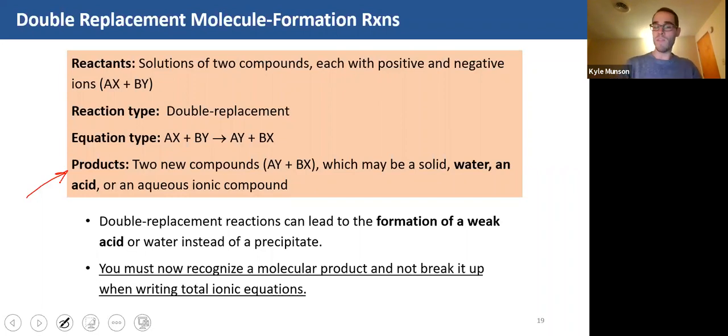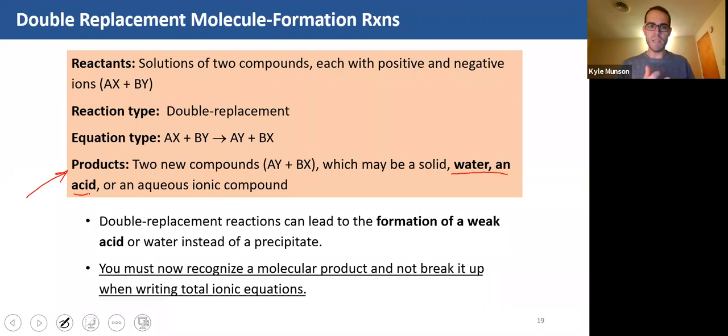We've seen aqueous ionic compounds before. In this video, we want to focus on water and acid formation as products. We've seen that already in a previous video where we formed water, but now we want to look at that in more detail. So this isn't just a complete repeat. We're going to be talking about a few new things.